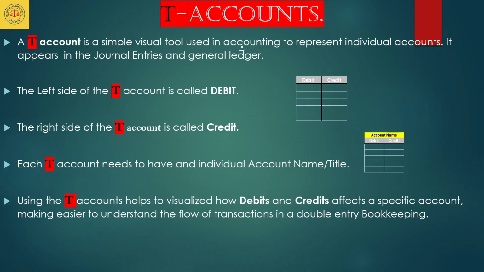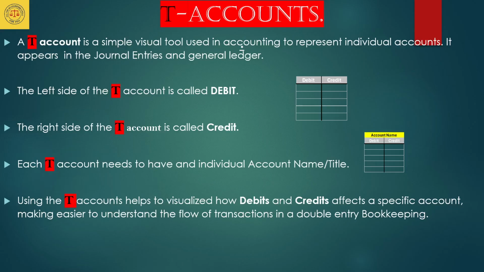Using T accounts helps to visualize how debits and credits affect a specific account, making it easier to understand the flow of transactions in double entry bookkeeping. It is very important to clarify here what I mean when I say double entry.